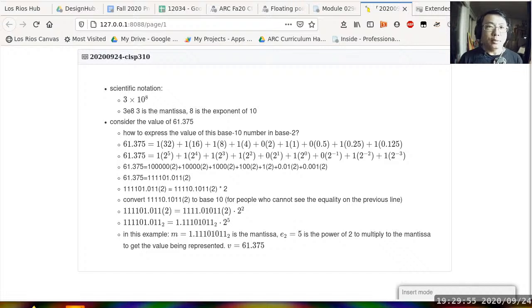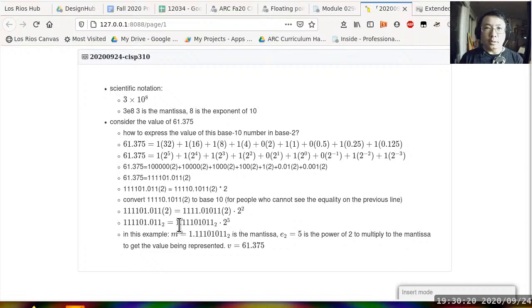Are we talking about which part is the mantissa, or are we talking about how the conversion happened? How do we move the binary point to the left and end up with a power of 2 to make up for the shifting of the binary point? How do we notate it scientifically in base 2?